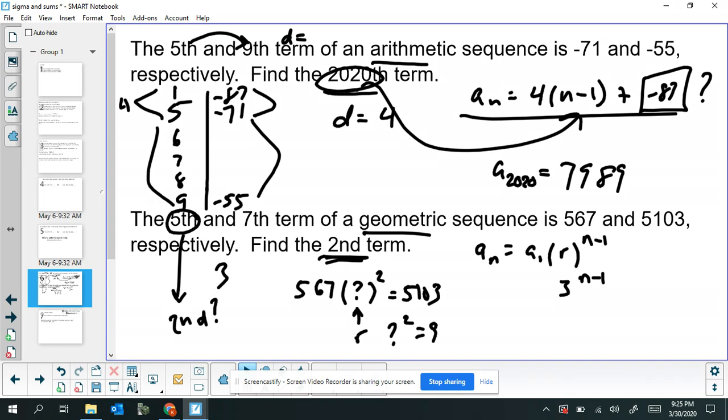And so the second term must be just 3 divisions down from this number, 567. So 567 divided by 3 cubed should be 21. Hooray!